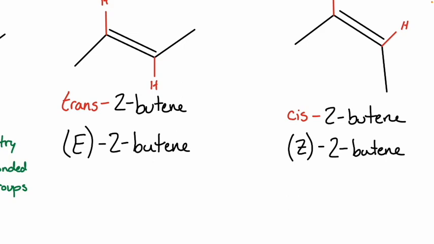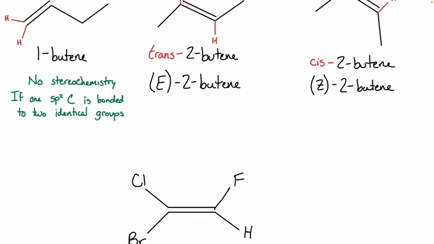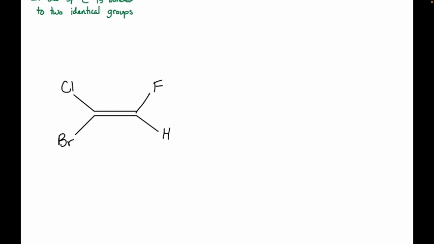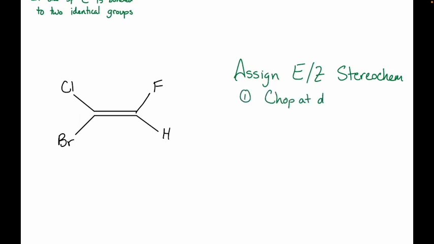All right, so how do we assign E or Z stereochemistry? So step 1, we're going to chop at our double bond. All right, so I'm going to say hiya, right down the middle. Chop that double bond in half.